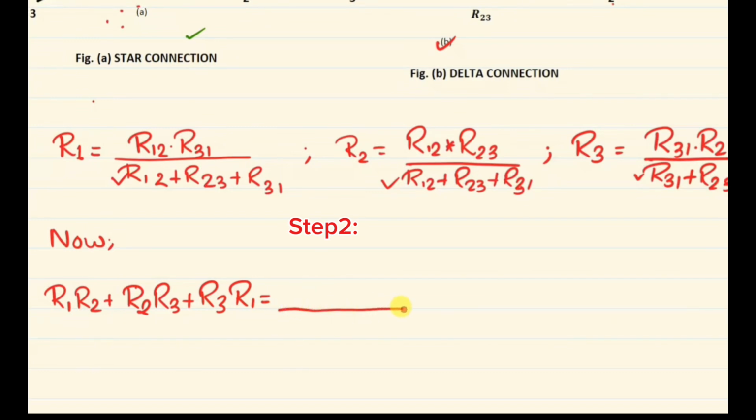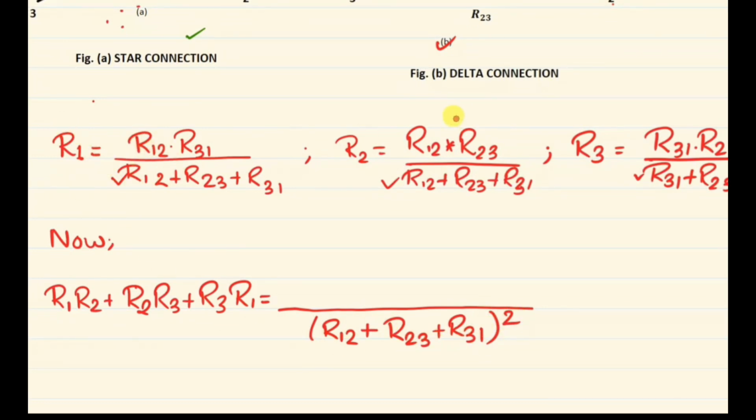If we find the product, since the denominators are the same, we will have R12 plus R23 plus R31 whole square, because if R1 and R2 multiply together, the denominators are the same, that's why they will be in the form of a square.